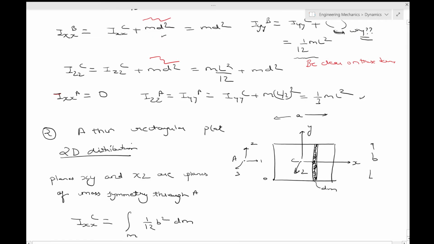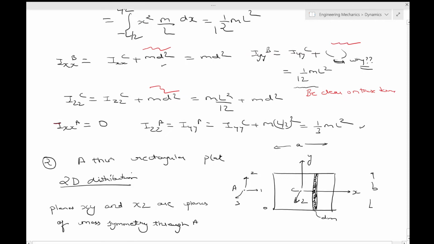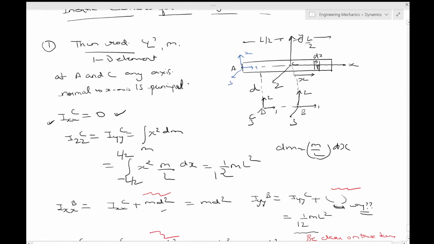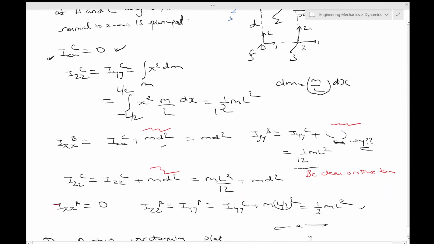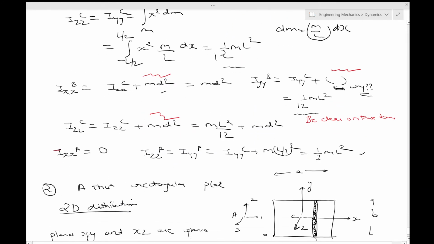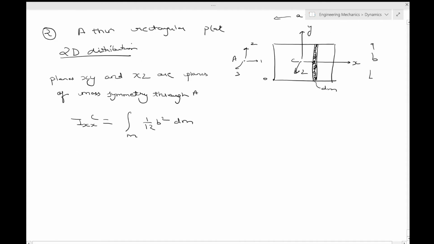Okay, sorry, Ixx, where did it go? Okay, and this can be written as 1 by 12 m b square.